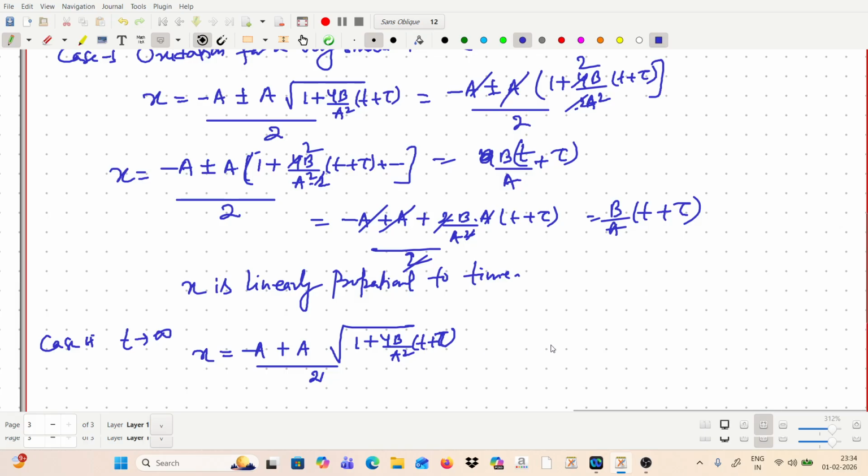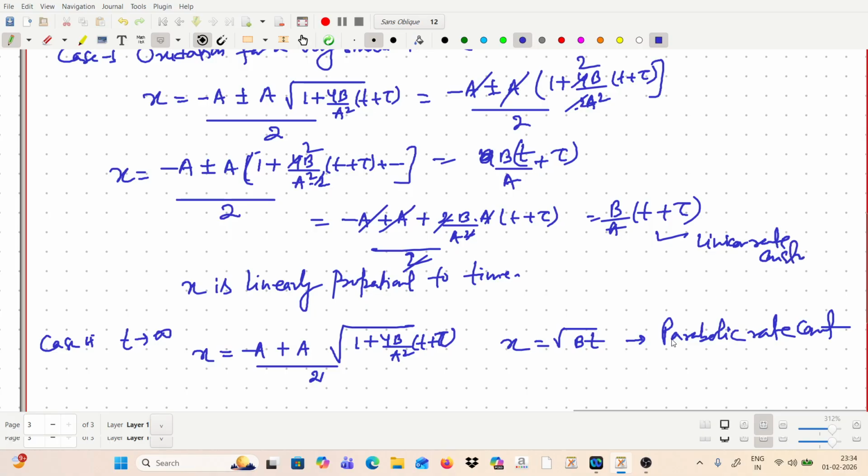So after solving this one, it will come x equals to root bt. So this x equals to root bt is the parabolic rate constant. This one is simple calculation, and this one is our linear rate constant. This one for time very large, infinity, and this one for t equals to 0.